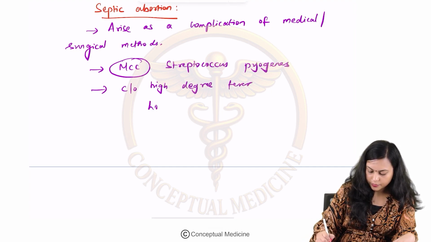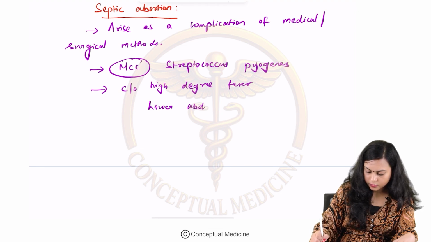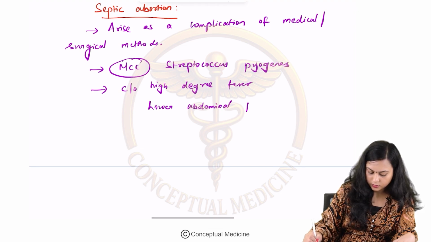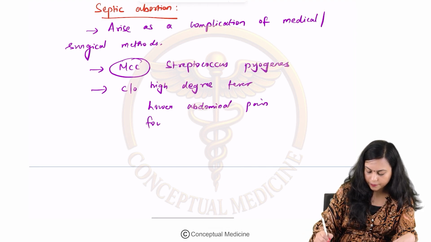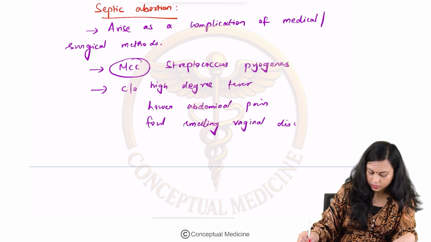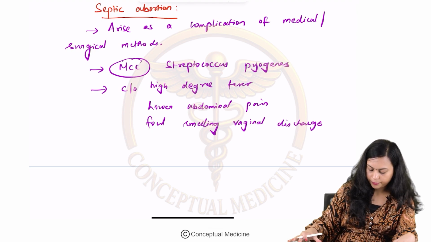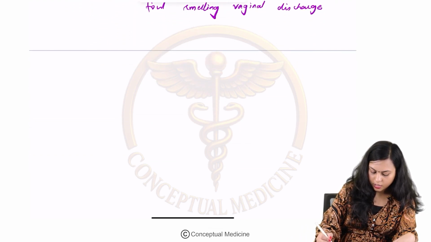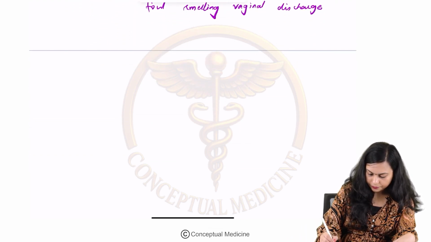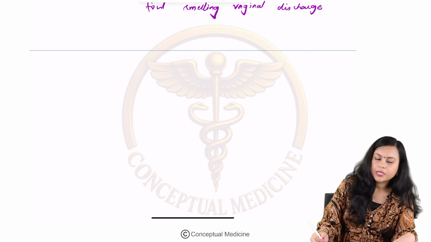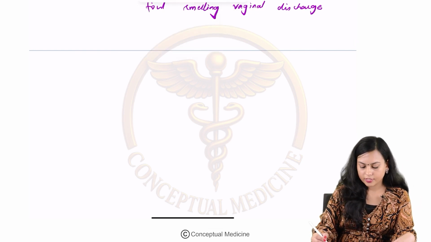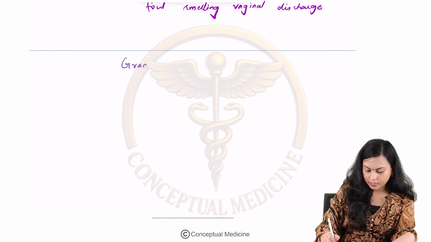lower abdominal pain, foul smelling vaginal discharge, etc. Okay. Now, septic abortion progresses in 3 stages, or 3 grades. So, it can be grade 1, grade 2 or grade 3.